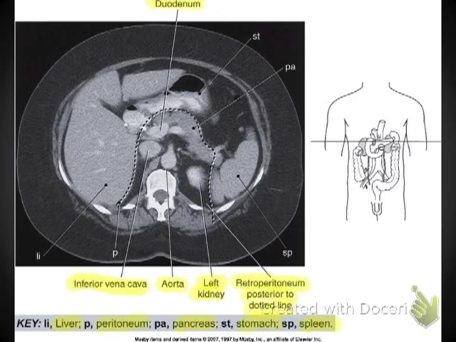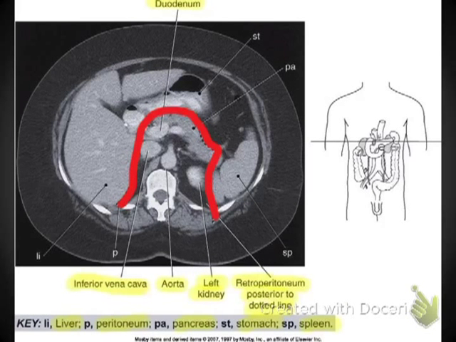And so in this image, we actually have a demonstration of the peritoneal cavity. And it's important for us to notice that there's a line here that pretty much divides the peritoneum from the posterior portion called the retroperitoneum.